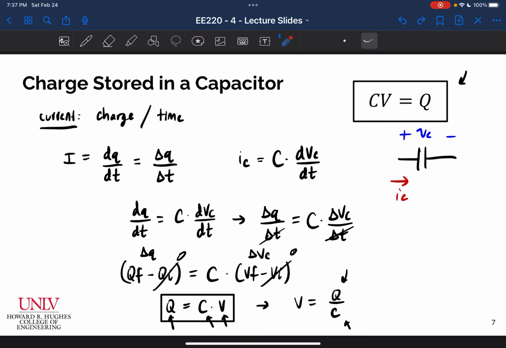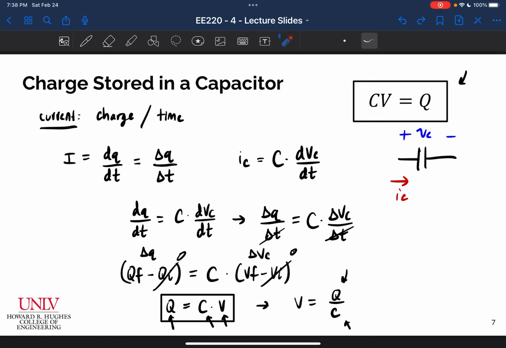Then you set those equal to each other, time cancels, and you can start with some initial charge being 0 and initial voltage being 0, and sometime later when you charge your capacitor, it'll have some final voltage and some final amount of charge. Capacitance is constant. Okay, so I just wanted to go over that concept.